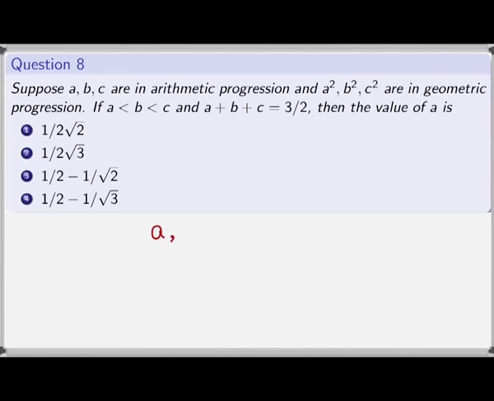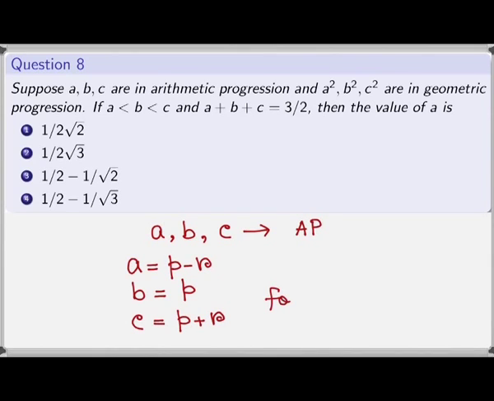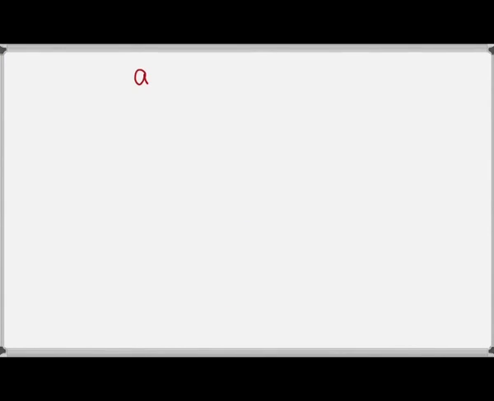Since we know that A, B and C are in an arithmetic progression, we can take A as P minus R, B as P and C as P plus R for some P and R. Now we are given that A plus B plus C is equal to 3 by 2.